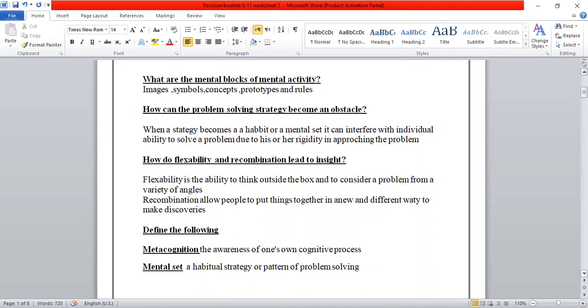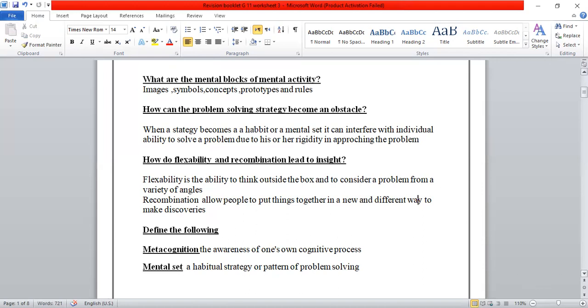Recombination allows people to put things together, after looking at them from different angles, in a new and different way, which allows them to make discoveries. So now you are making a new discovery, which helps you get an insight into the problem or solve the problem.